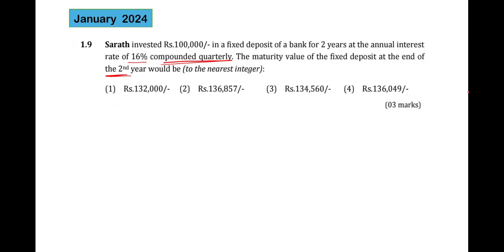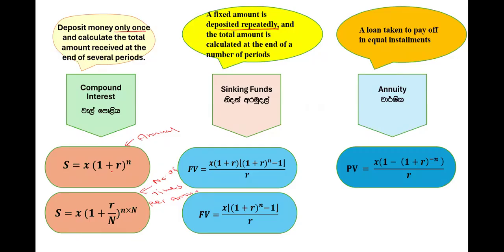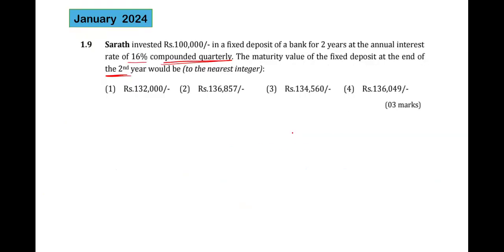This one is also compound interest, but the difference is, here we can use the second formula. S equals X times 1 plus R over N to the power of n times N. The first one we use when it is compounded annually, but here it is compounded quarterly.